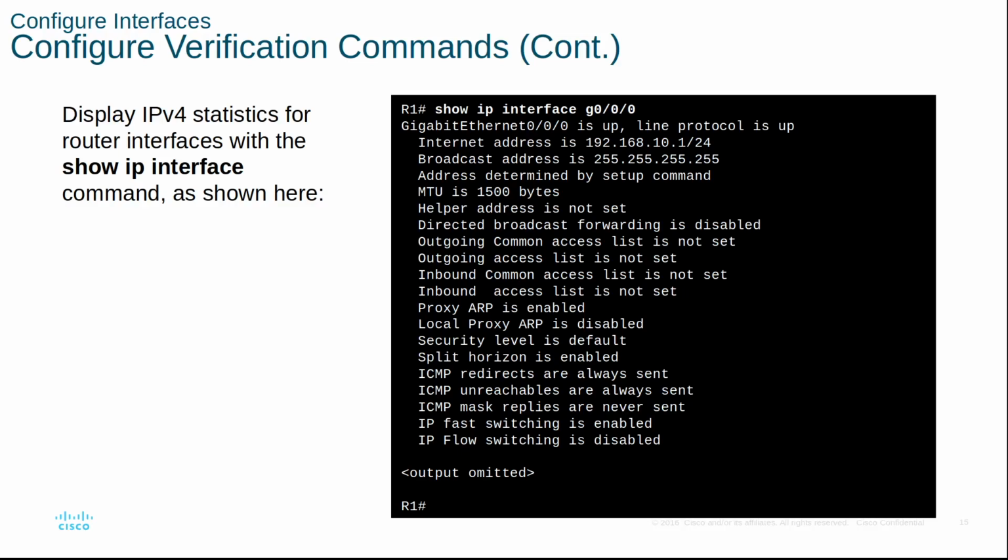Here's the IPv4 information for your interfaces on the router. So we see, again, similar stuff. Our interface, it's administratively up. The line protocol's up. There's its IP address and subnet mask in CIDR notation. There's the broadcast. Helper address, that's something you're going to learn in a later semester.